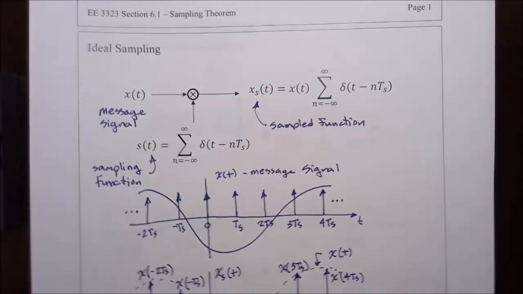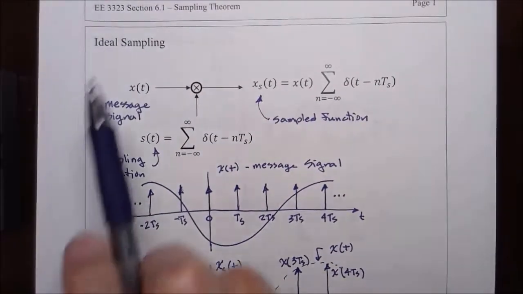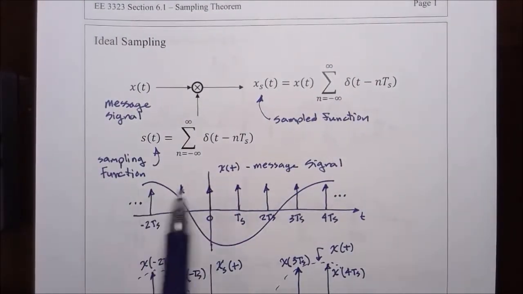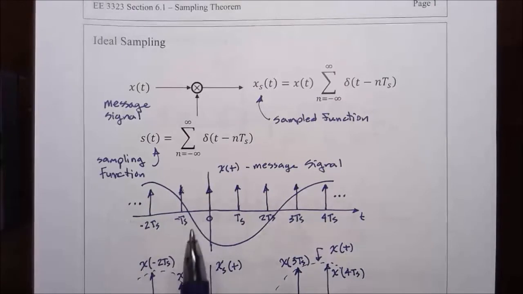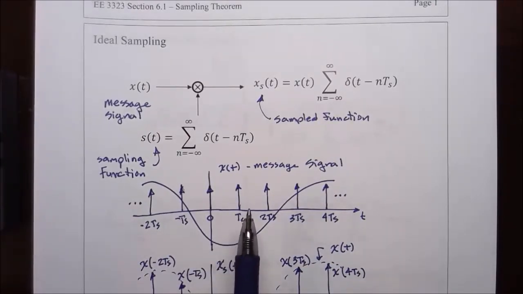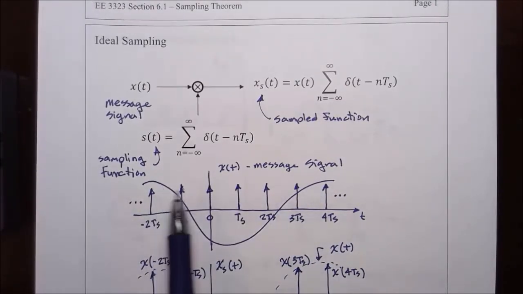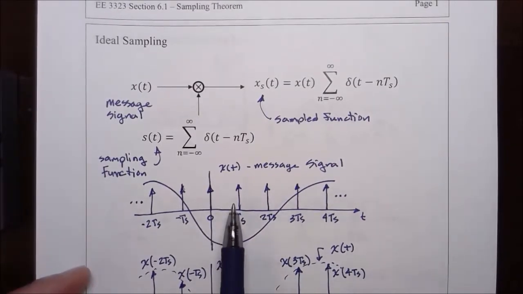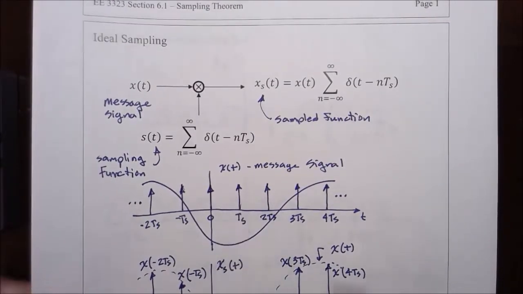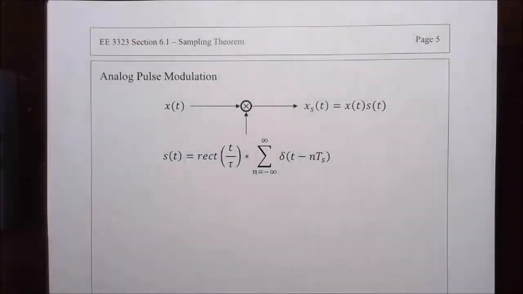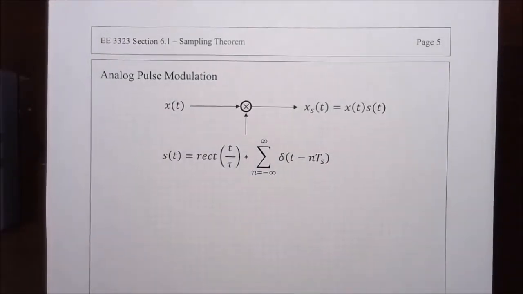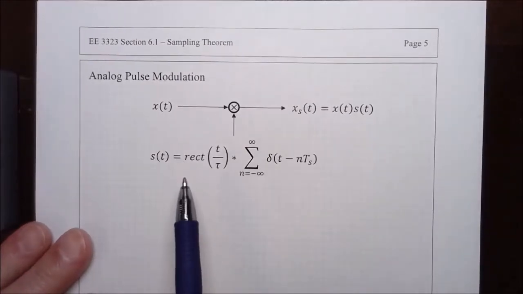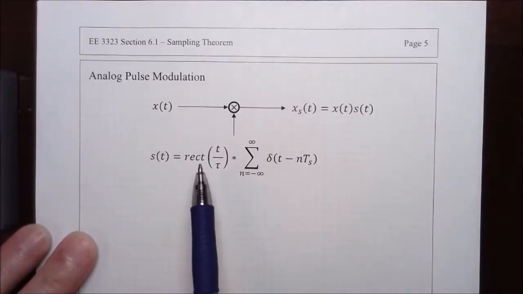Okay, the sampling we've looked at so far is ideal sampling using a train of delta functions. We can work out the mathematics nicely with this. However, in practice, it's hard to get a train of delta functions. What is more practical is to use a train of rectangular pulses for the sampling.